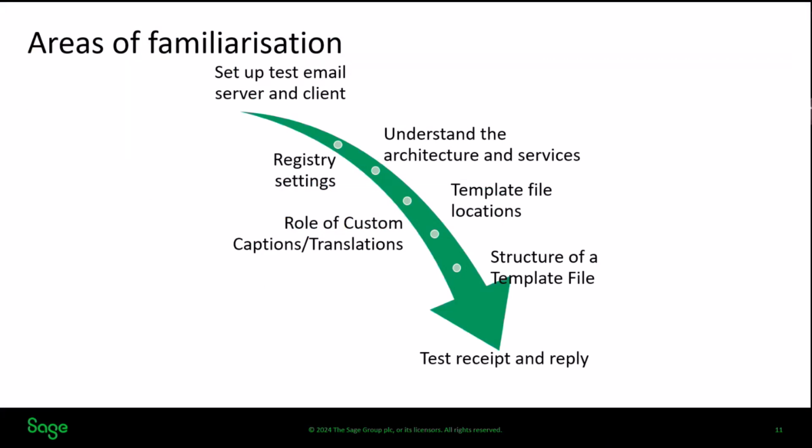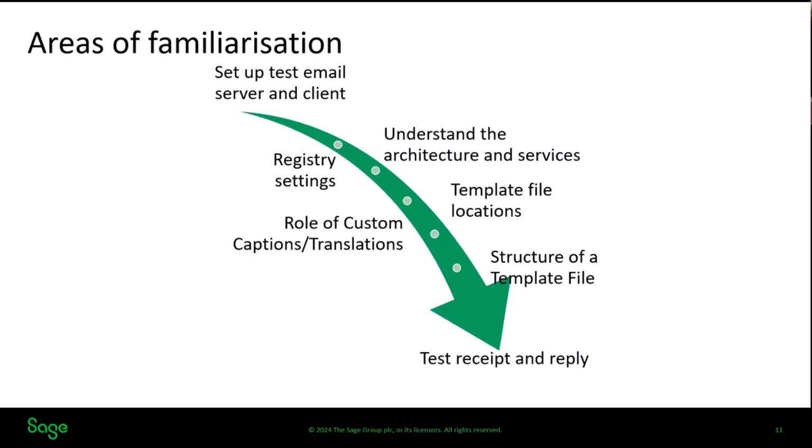So in terms of what we're going to look at now in order to achieve our objectives for this session, we're going to look at how we would go about familiarizing ourselves with a number of different areas. How do we go about ensuring that we've got, first of all, a test email server and an email client that we can check to see all of the accounts and familiarize ourselves with the way in which emails can be sent and received, and we can check everything's working there?